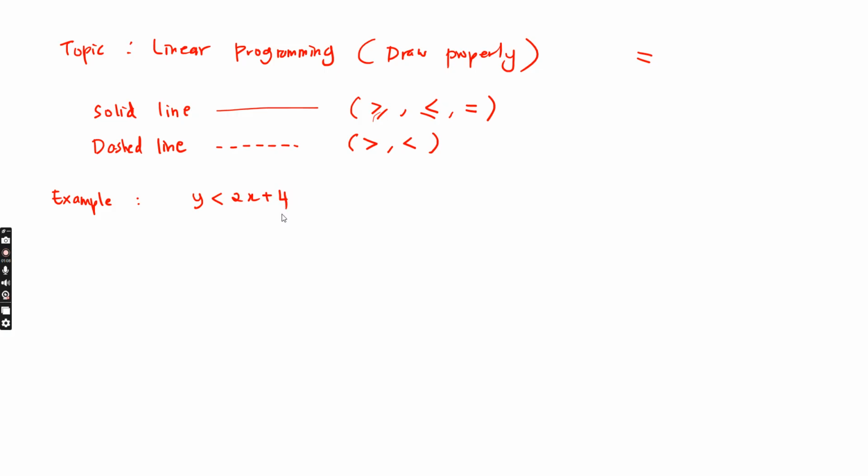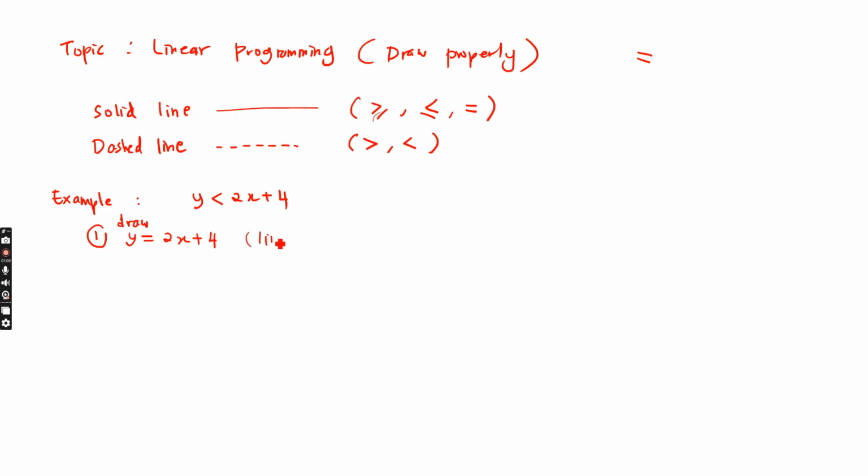When you want to draw the line, the first step is to replace the less than or greater than sign with an equal sign, which is y equal to 2x plus 4. So we will draw this equation, y equal to 2x plus 4.